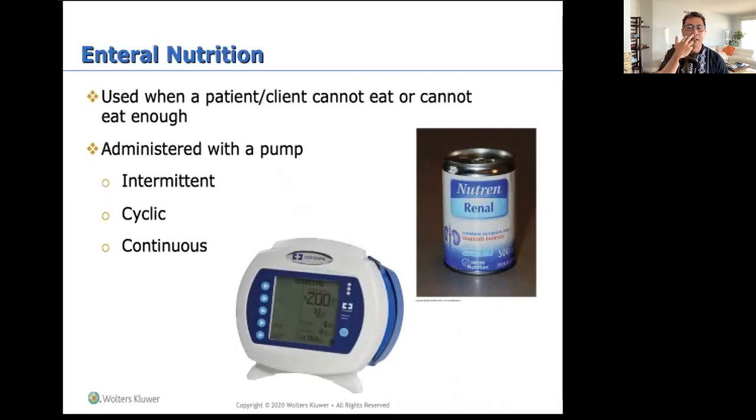So we give them an NG tube up their nose to their belly, which I think you're going to learn how to do next semester. You also need to learn how to calculate the mLs an hour for their nutrition. But I'm not going to go through that because it's something we will do next semester in the lab. It's part of your checkoff.